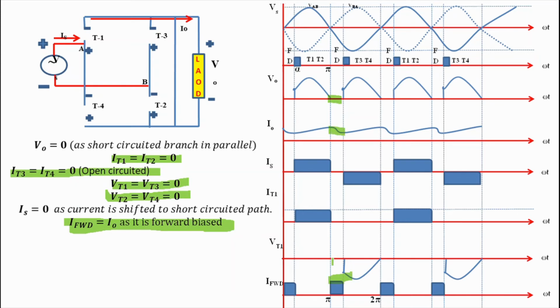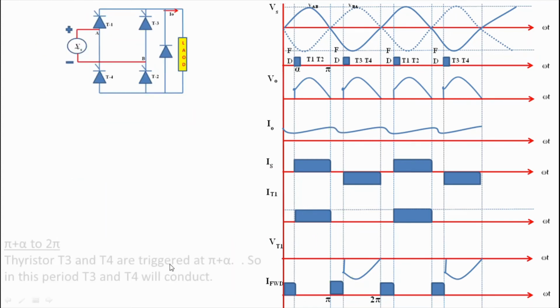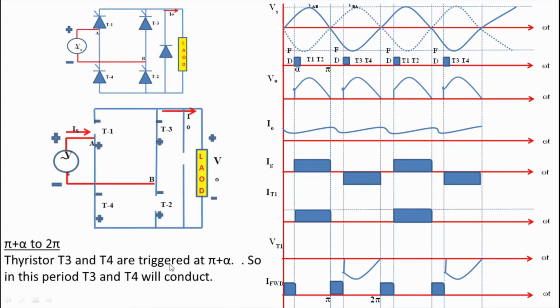Now see the operation from pi plus alpha to 2 pi. At omega t is equals to pi plus alpha, T3 and T4 are triggered. So T3 and T4 start conducting and act as short circuit because they are already forward bias at omega t is equals to pi plus alpha, and when they are triggered they start conducting. So current will shift from T1 and T2 to T3 and T4.